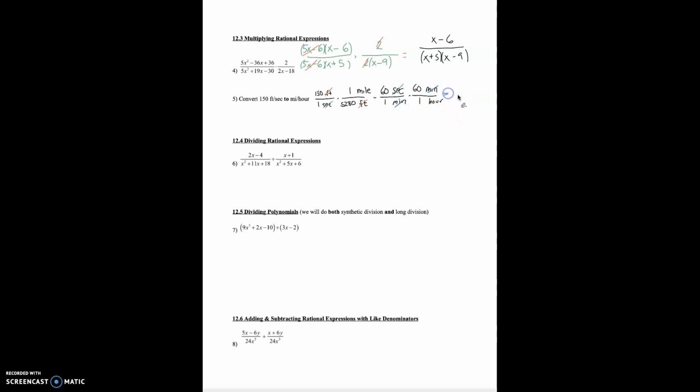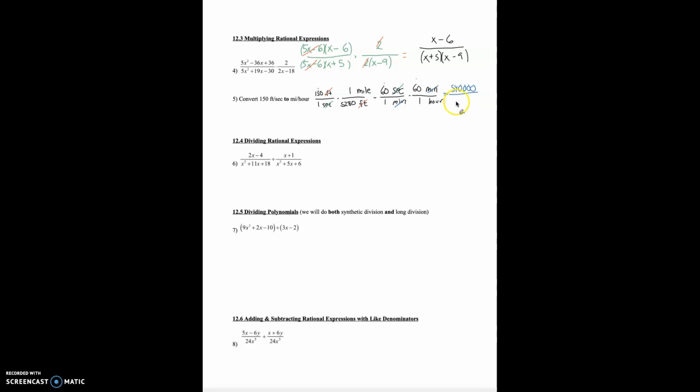I don't expect you to do this in your head, but you're now going to multiply 150 times 60 times 60. And you're going to get 540,000. You could simplify first if you wanted to, but since we're using a calculator, we can just go ahead and put that there.